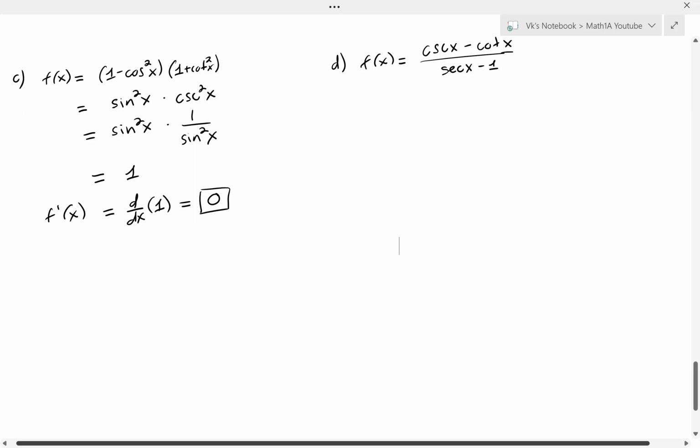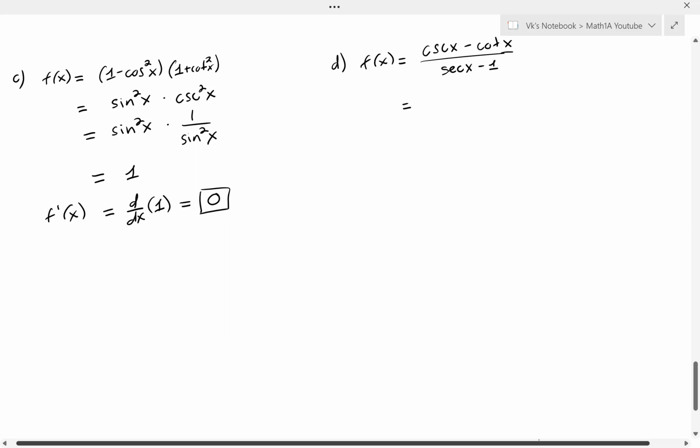D, f x equal to (cosecant x minus cotangent x) over (secant x minus 1). Best way to do this problem is to simplify the expression, because if we use the quotient rule directly, it can be pretty tedious.